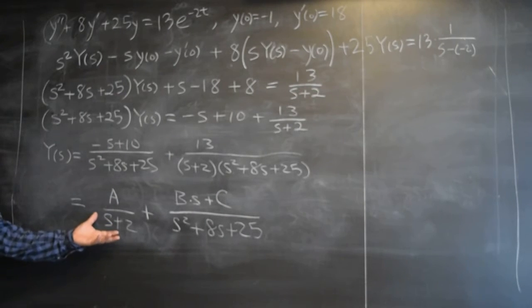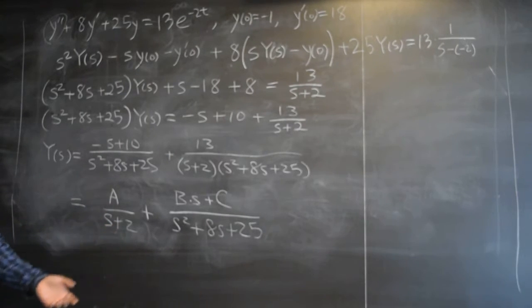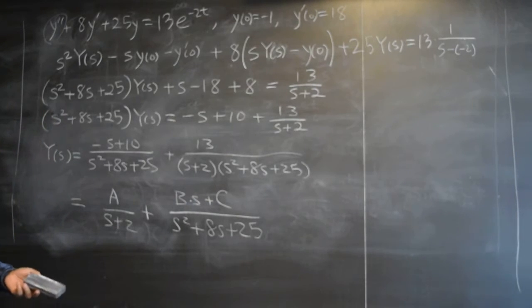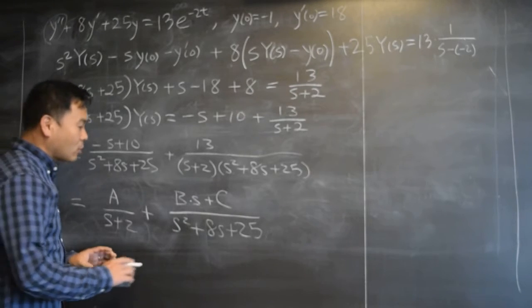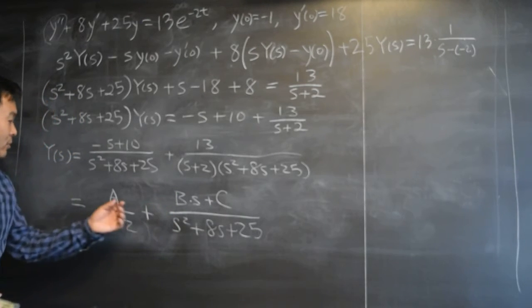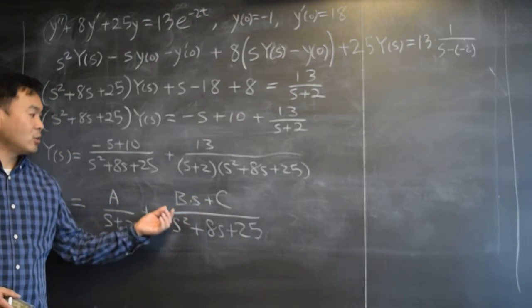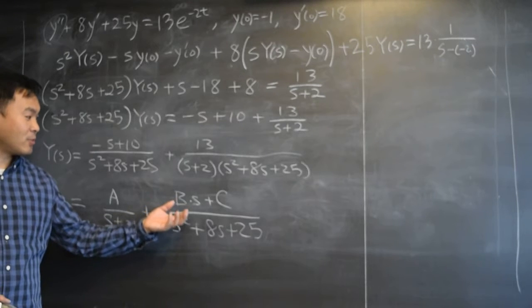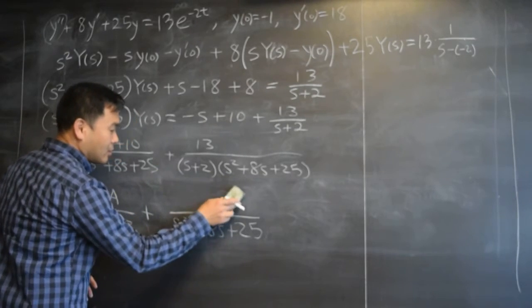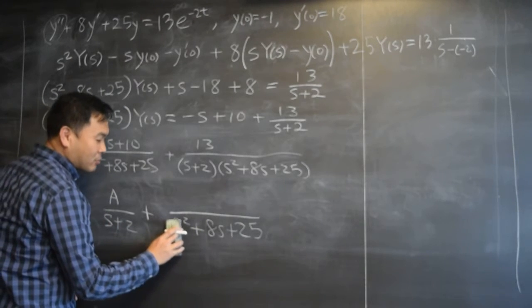This is how it's described in most of the textbooks. However, I still need to tell you yet another trick. If you do it like this, then even after finding A and B and C, you will still suffer trying to figure out what to do with these numbers. So it won't be this. Actually, you have to change it a little bit from here.